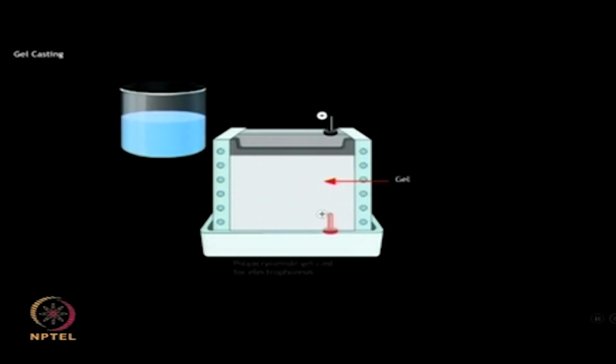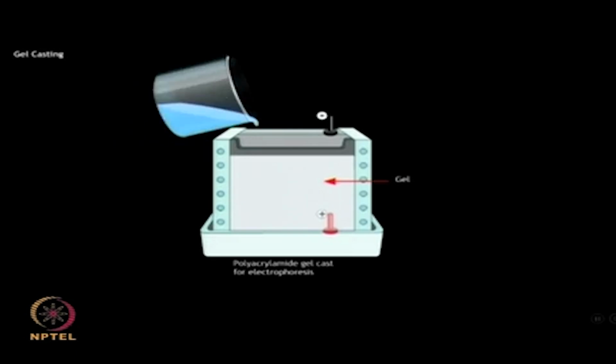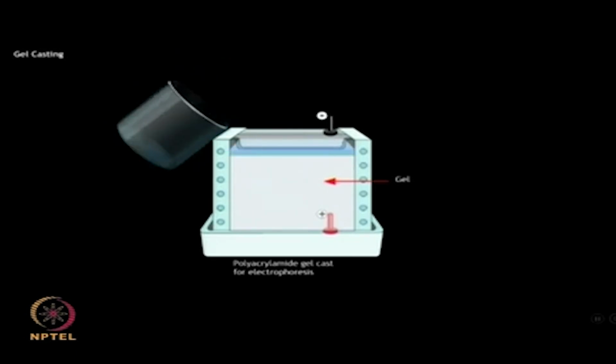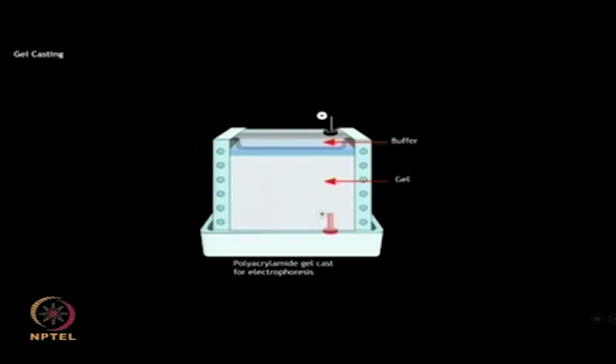Ammonium persulfate and TEMED are added to facilitate the generation of free radicals and cross linking. The molecular dimensions of the pores can be controlled by varying the amount of N,N'-methylene bisacrylamide.